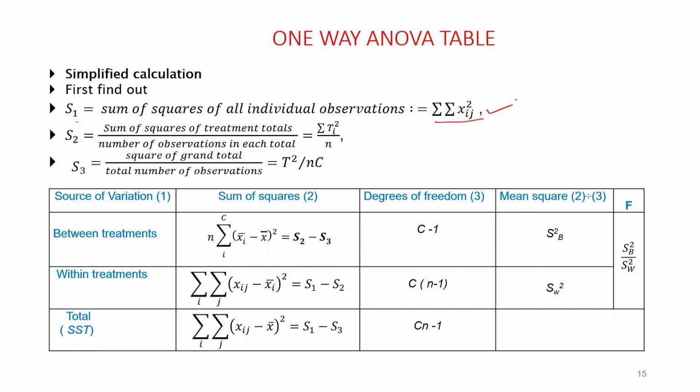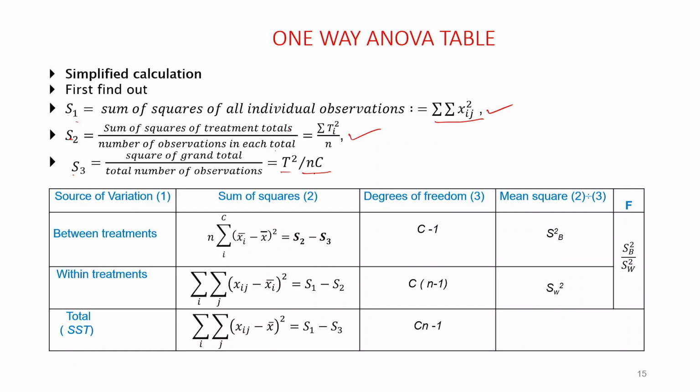This is the sum of x_ij squared, over i and j, i varying from 1 to c, j varying from 1 to n. Then S2 is this ratio, which is sigma T_i squared by n. And S3 is T squared by nc. So we find out S1, S2 and S3.